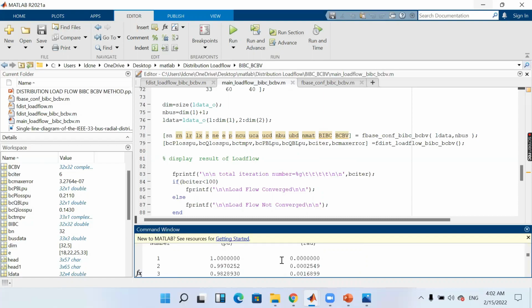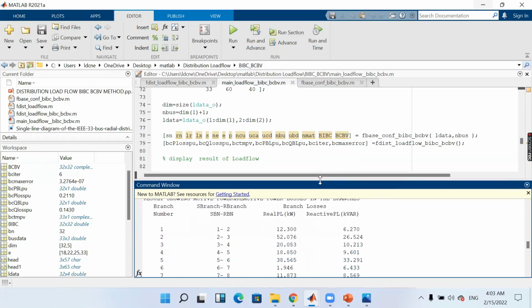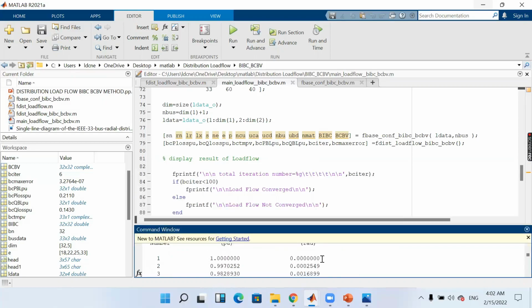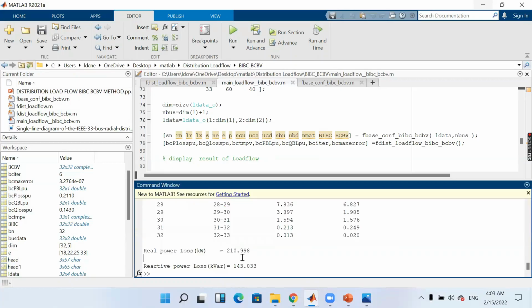And here is the voltage magnitude. These are the reactive and active power losses in the corresponding branches. That is, the total active power loss is almost 211 kilowatt and the reactive power loss is 143 kilovar.